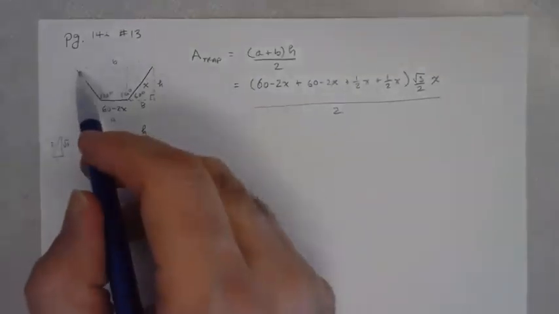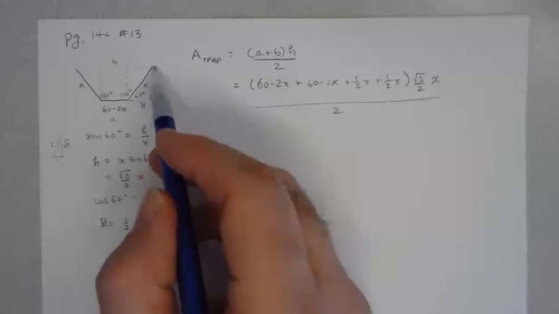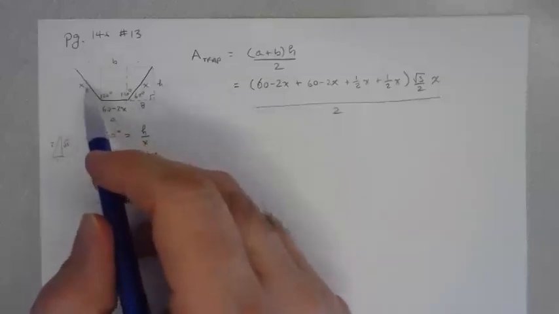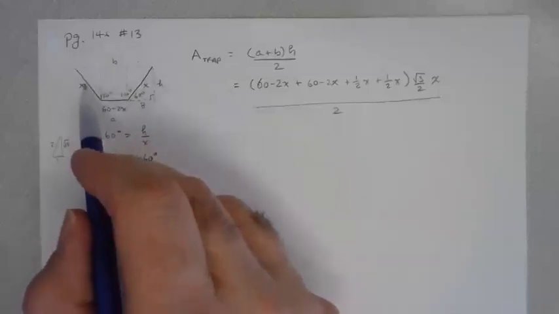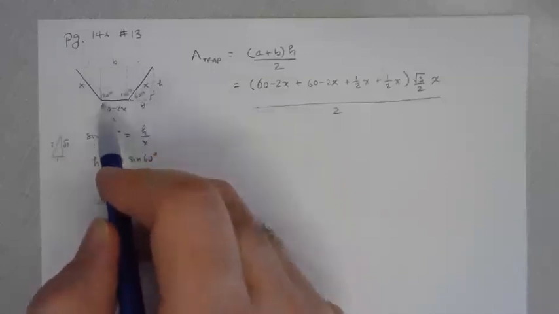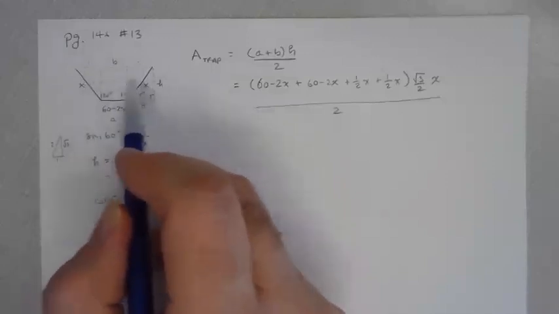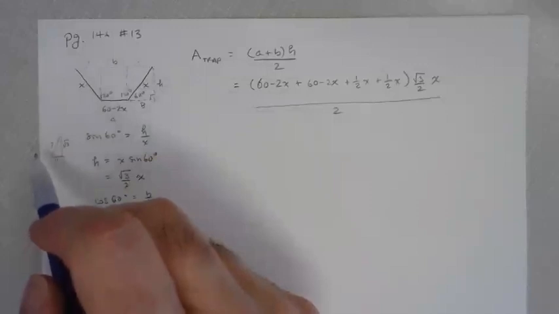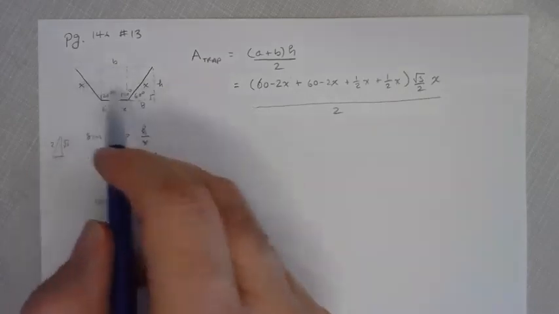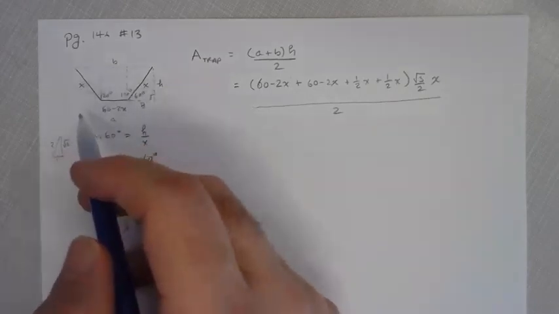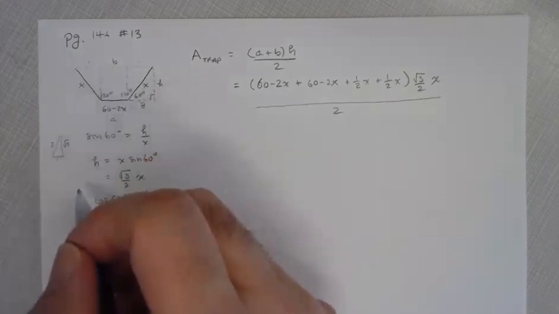Because remember, this whole sheet has a length of 60 centimeters. So if this is x and that's x, they have to be, because it's an isosceles trapezoid, this thing is just the whole thing, 60 minus these 2 bits. All right, is that okay?